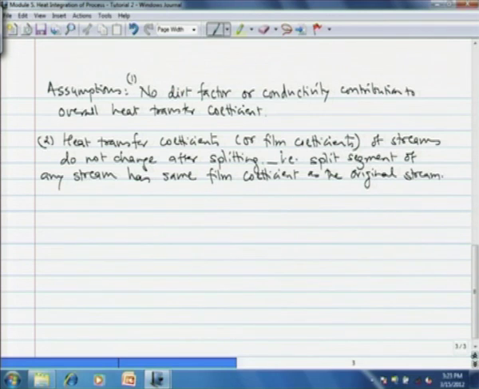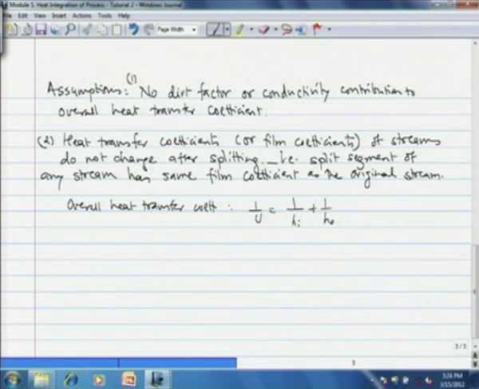We can make 2 assumptions in the solution. First is that there is no dirt factor or conductivity contribution to overall heat transfer coefficient, or we can say that overall heat transfer coefficient is given by 1 by U is equal to 1 by Hi plus 1 by Ho.